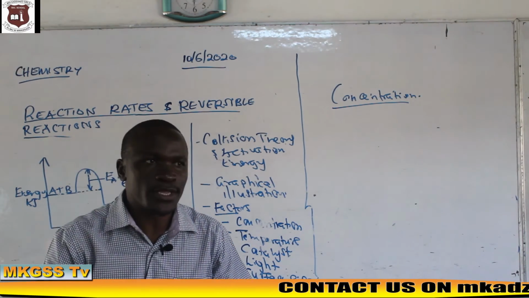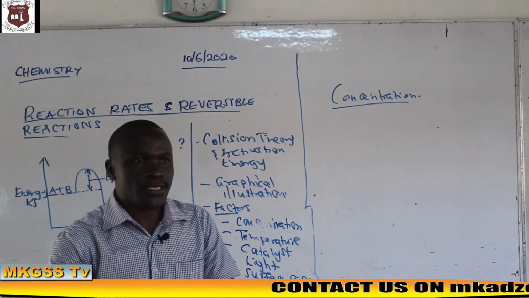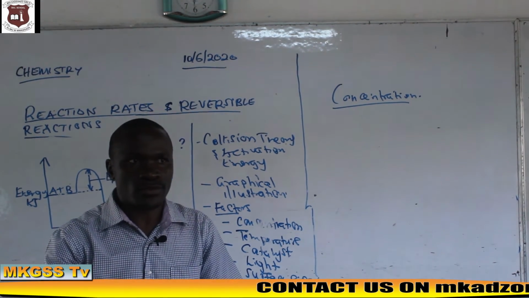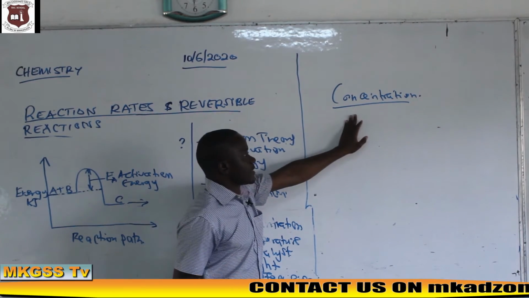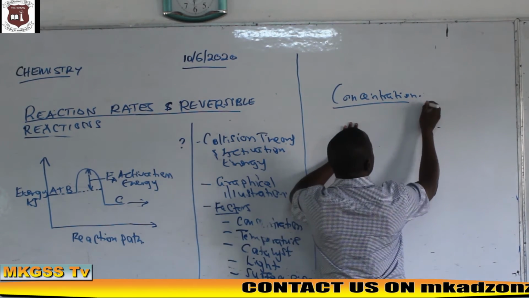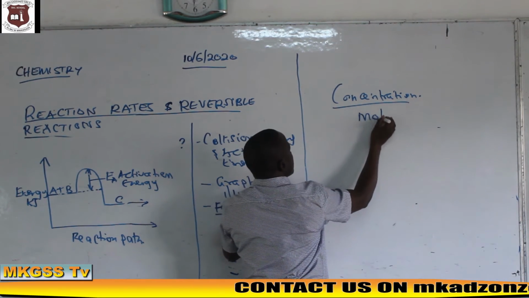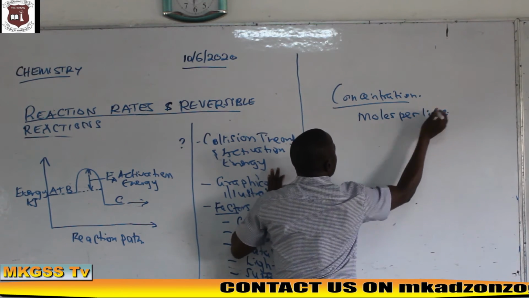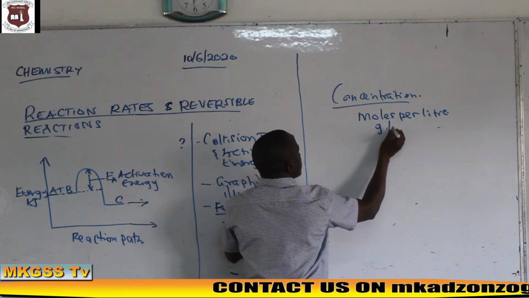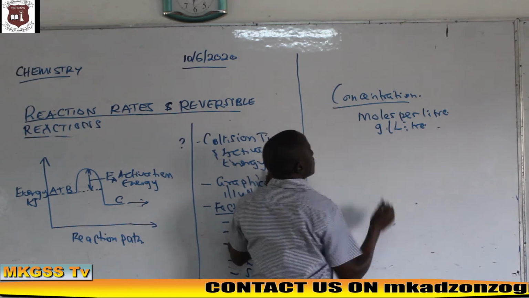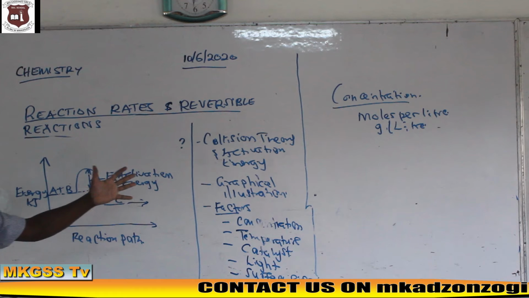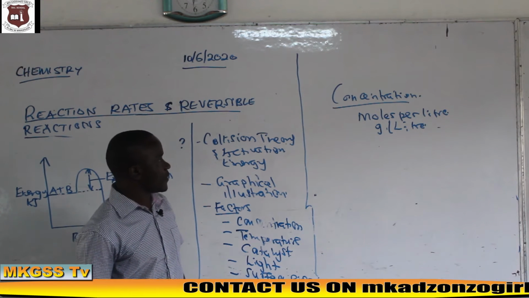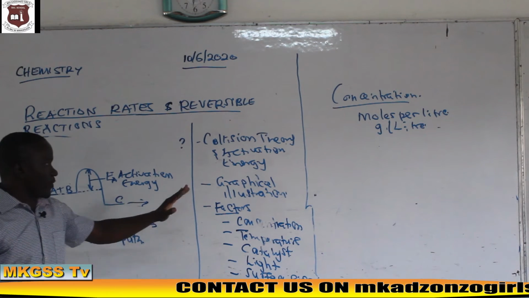Now, concentration simply means the amount of substance present in a given volume of a solution. And in this case, the concentration is normally expressed in terms of moles per liter or in grams per liter. We look at the concentration of the reactants and concentration of the product.